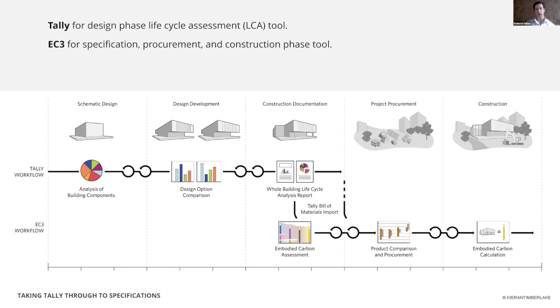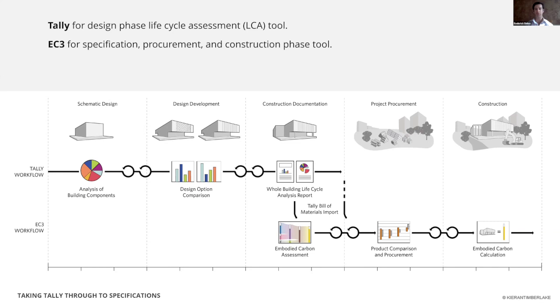And we ended up partnering, or developing an integration rather, for EC3, or the Embodied Carbon Calculator, that was developed by Building Transparency. And this is a fantastic tool where it allows for Tally users to export a bill of materials from Tally into EC3. And once that bill of materials is in EC3, you can match that bill of materials against specific products that have EPDs, or environmental product declarations.